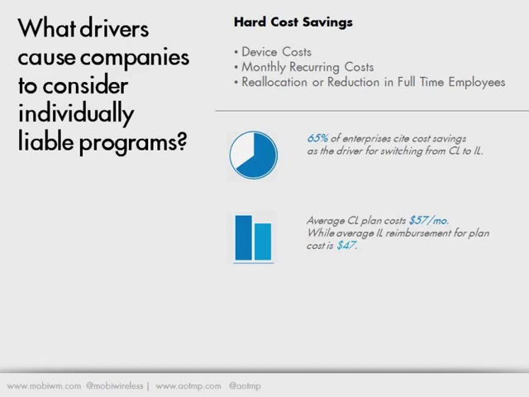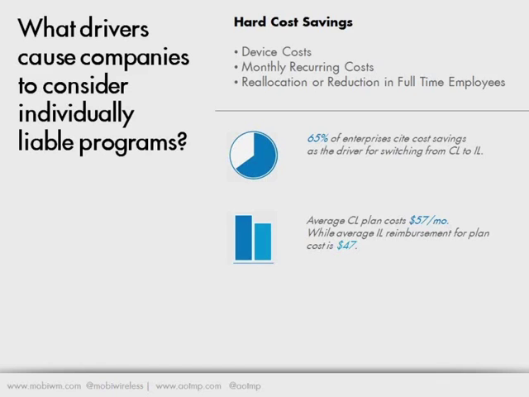I think it's always the primary motivator. It's always the one that drives this initially, as companies have seen wireless costs escalate over the recent years. I think a lot of times when companies actually dig into how much they can save, they're surprised that it's not as much as they think.